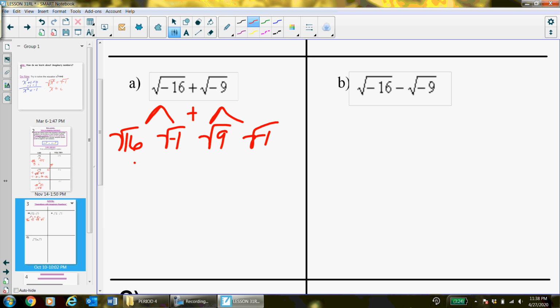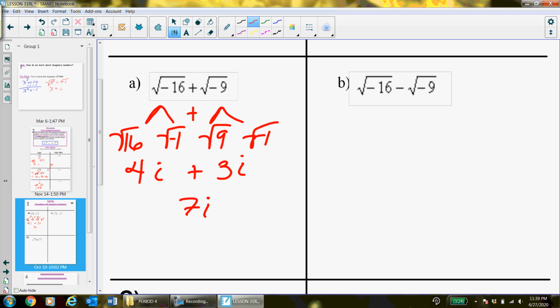The square root of 16 is 4. The square root of negative 1 is i. The square root of 9 is 3. The root of negative 1 is i. Because these both have i's attached, you can combine them. So 4i plus 3i gives us 7i.